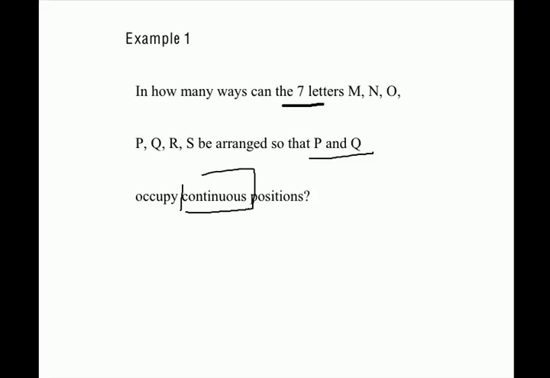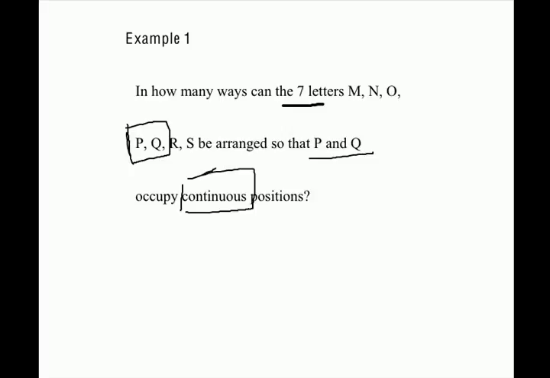In problems of permutations, combinations, and probability, you need to be careful about the words used in the question. So here continuous is a keyword. So how do we approach this problem? Let's start by taking P and Q as one letter and try to find the number of ways.